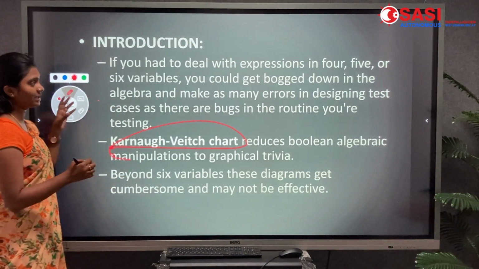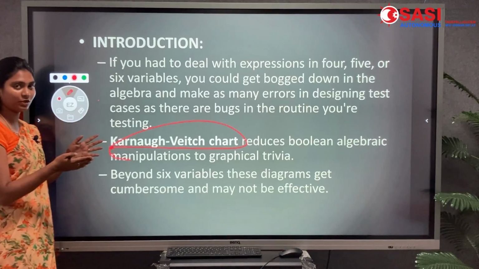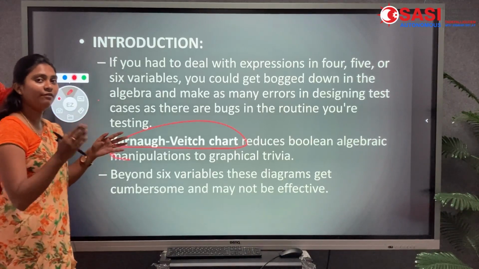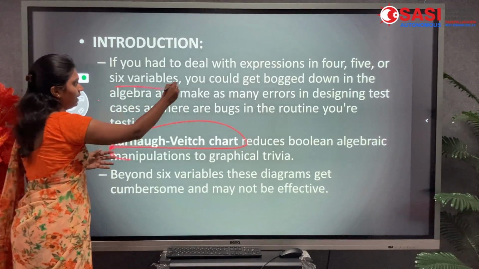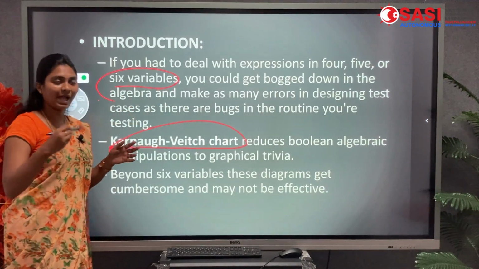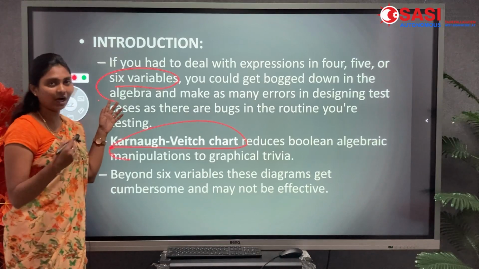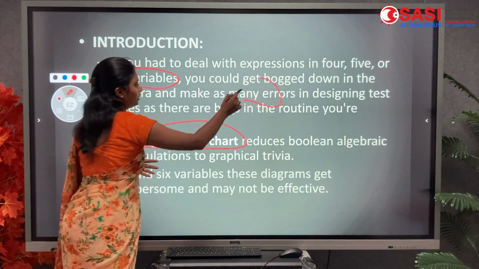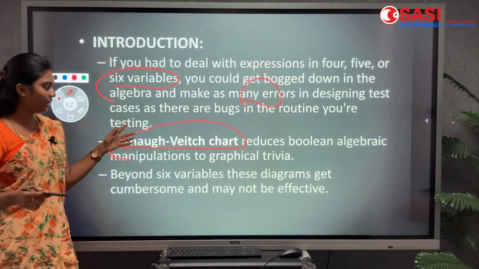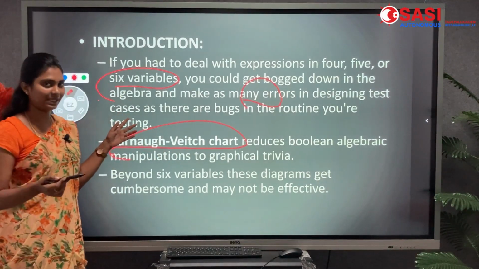First point, in this introduction, in KV charts, we deal with 4 or 5 or 6 variables, to calculate or to make the algebra to find out the errors, where the bugs may occur, by designing the testing.